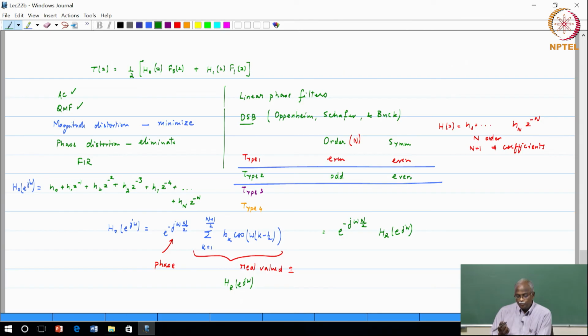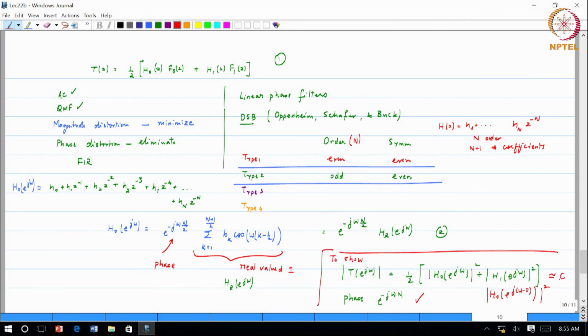Okay. Now, please take this and substitute it into 1 with all of the symmetries that we have written down, and please verify the following result, that the magnitude T(e^jω) can be written as 1/2 of the magnitude of H0(e^jω) whole squared plus H1(e^jω) whole squared.